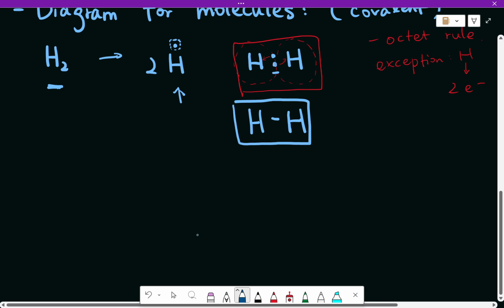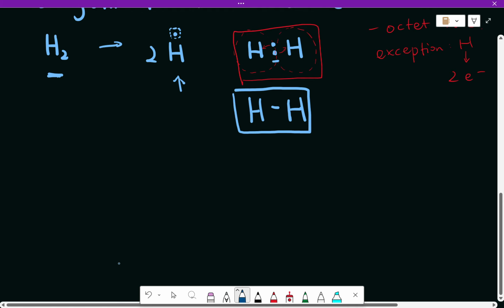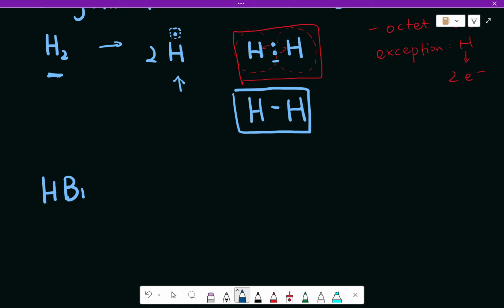Next, we're going to look at another example, which is hydrobromic acid. We still are going to draw the Lewis diagram for each individual atom first.